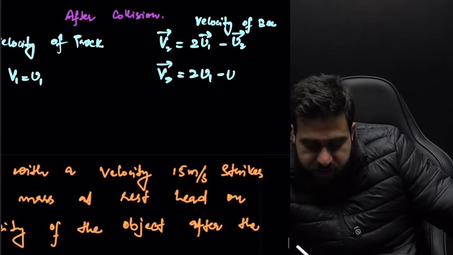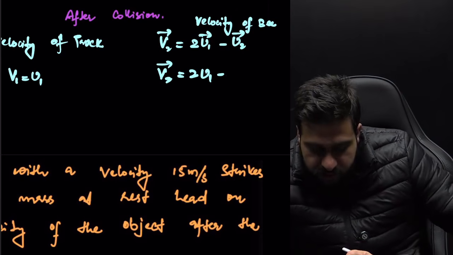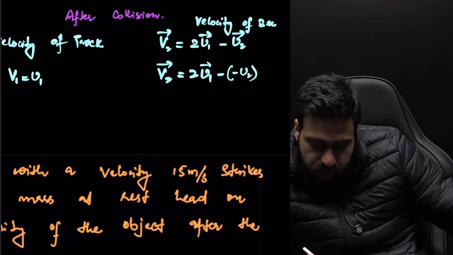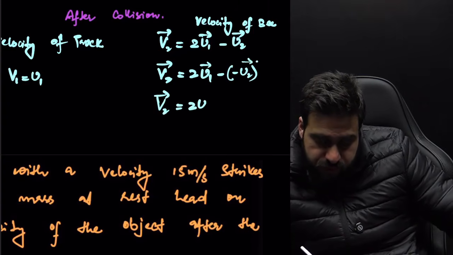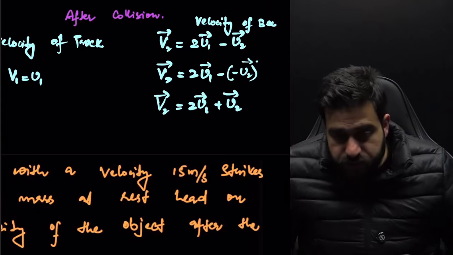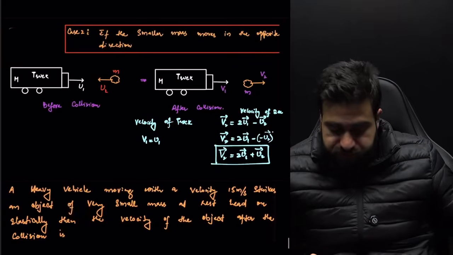So minus u2 becomes plus u2, and v2 is 2 times u1 plus u2. This is the velocity of B when B is moving in the opposite direction.